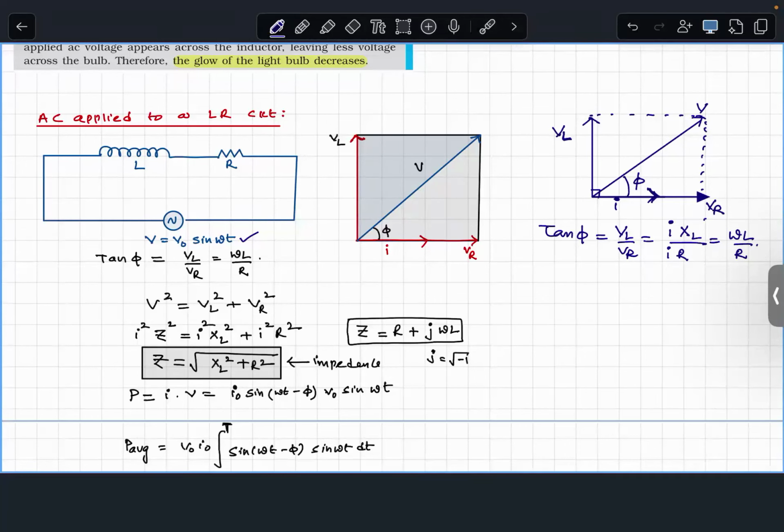Why do I require cos phi? You already have an idea, that's the power factor. And remember, if I draw the same thing in terms of resistances, this is the same as omega L, and this is the same as R.